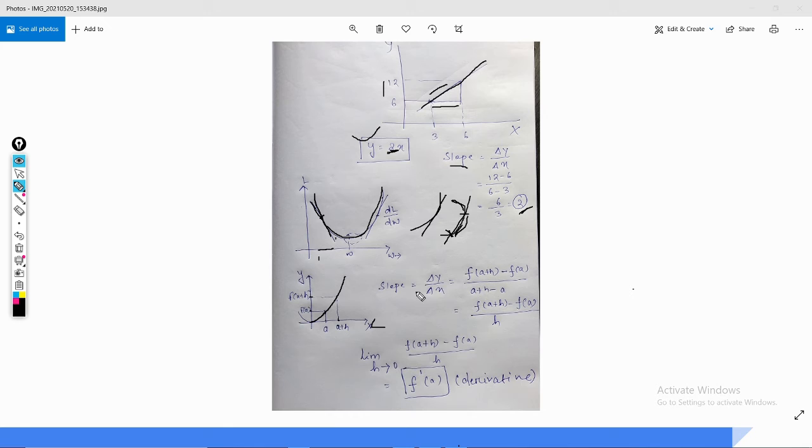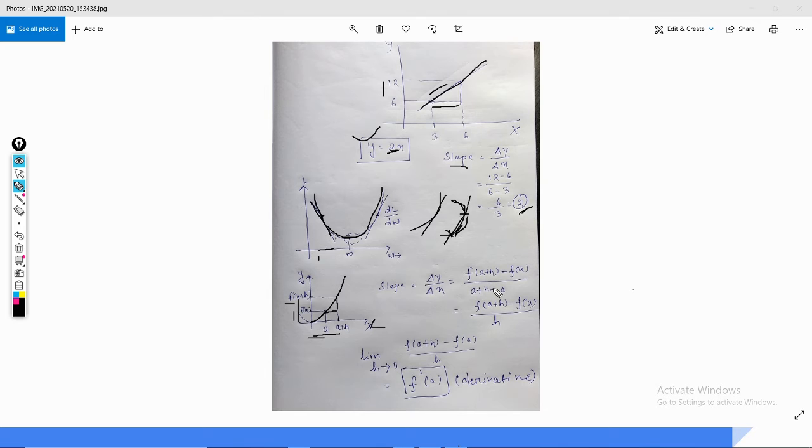If you want to calculate the slope, it is the change in y with respect to the change in x. The change in y is this point subtracted by this point, so you will find this gap. The change in x is this total distance minus this distance. Then you can find this distance, and from the change in y you can find this distance.